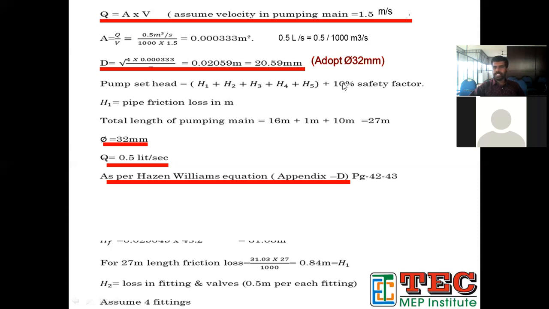No, just multiply with 10 divided by 100. Just add a safety factor of just 0.1. Or if you are having 0.1 into H, what will be the value?